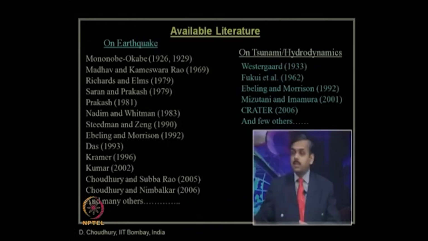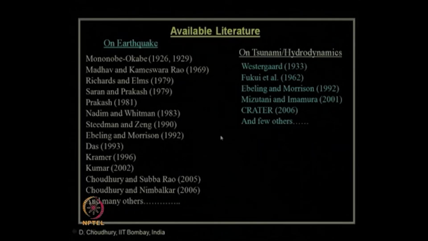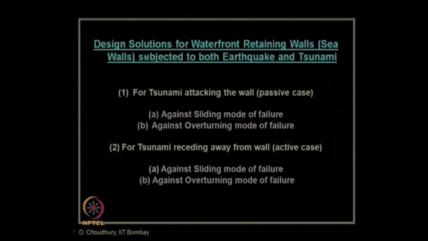But what was the limitation of the available literature? Nobody considered the combined effect of earthquake along with tsunami. People can always say that the combined effect of earthquake and tsunami on a sea wall is very, very rare.